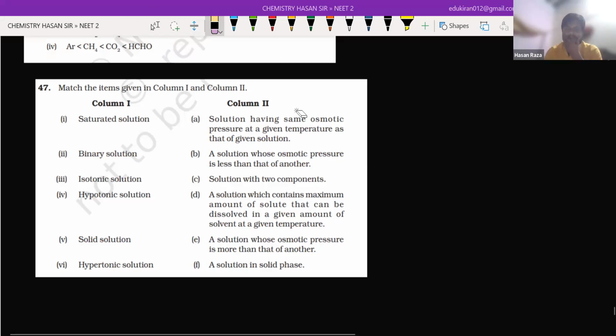Please do speak up or send a message in the chat box as you are not audible. Are you able to solve this? Yes or no? Okay, then do solve.